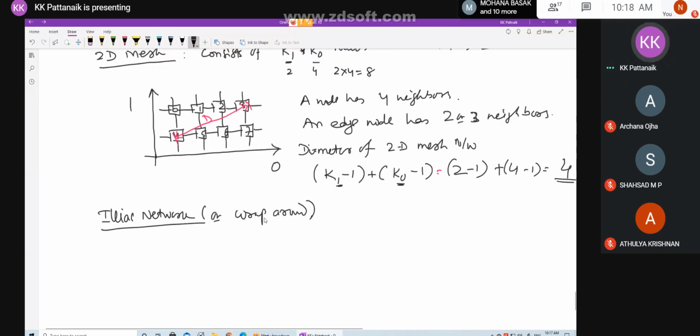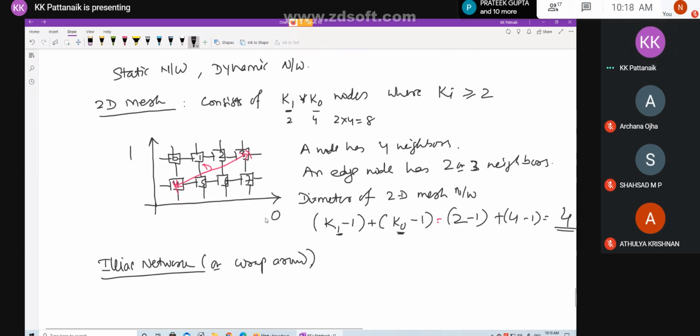Students, any question on 2D mesh? No, sir. What about others? What is the physical significance of 2D mesh? Where can you see the utility of this network?